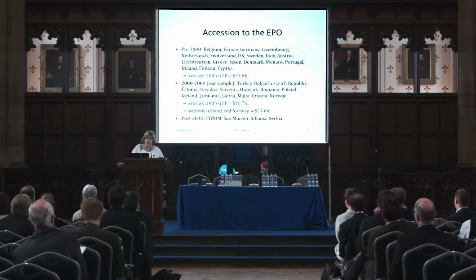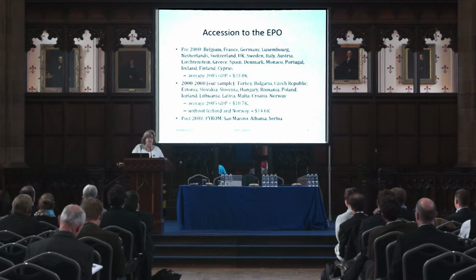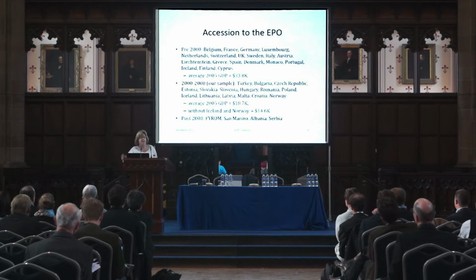The average GDP per person in those countries was $34 million. This presentation originally came from a U.S. presentation, sorry about that, but you can convert. Our sample of firms that acceded to the European Patent Convention, where we ask what happened to patenting in those countries, is a sample of 14 countries, many of which are Eastern European, because that's the group that joined during that period, 2000-2008.